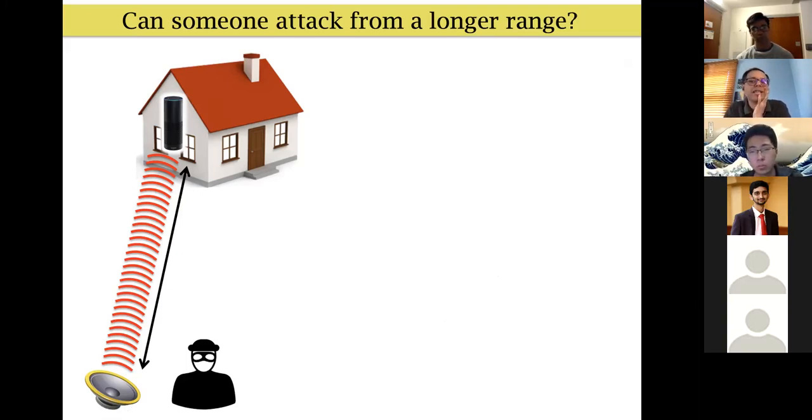You need to really understand what the attack can be. Only then can you defend well. So the ideal attack is: someone parks a car in your neighborhood and has a speaker inside the car, in the trunk or maybe inside. He rolls down the window and just blasts your neighborhood with the command "Alexa, open the garage door," and different garage doors open. That's the holy grail of the attack.